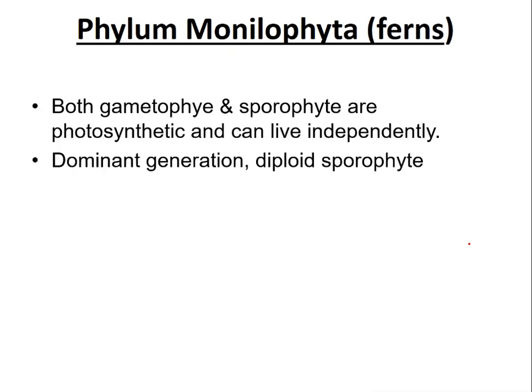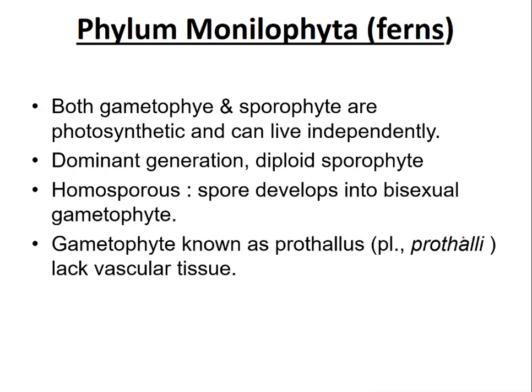Okay. Next, Phylum Monilophyta, for example fern. Something special about Monilophyta is that they produce one type of spore, homosporous spore, where the spore will develop into a bisexual gametophyte. For Monilophyta or fern, both gametophyte and sporophyte are photosynthetic and live independently.